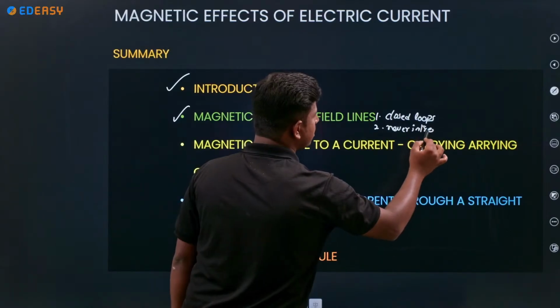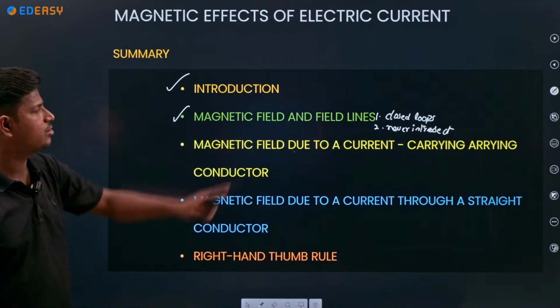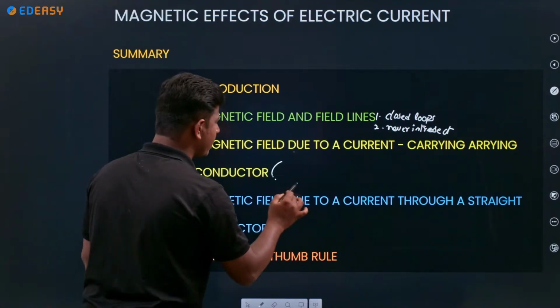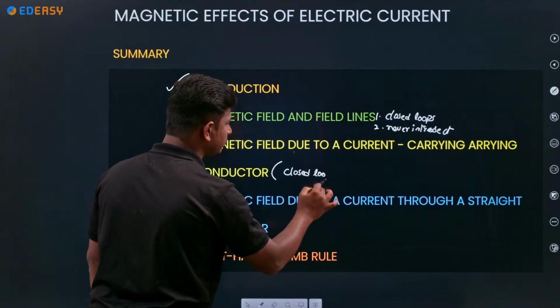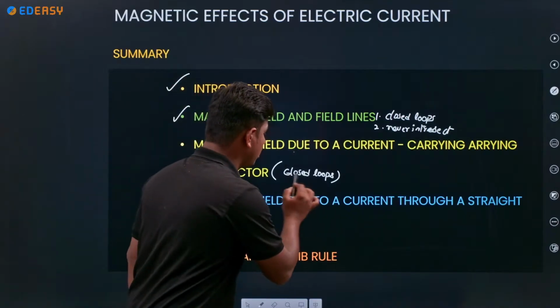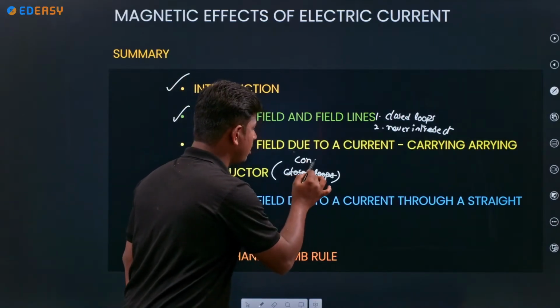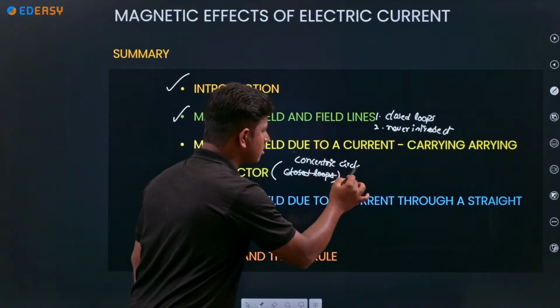Next, magnetic field lines due to a current carrying conductor: in place of closed loops, write concentric circles.